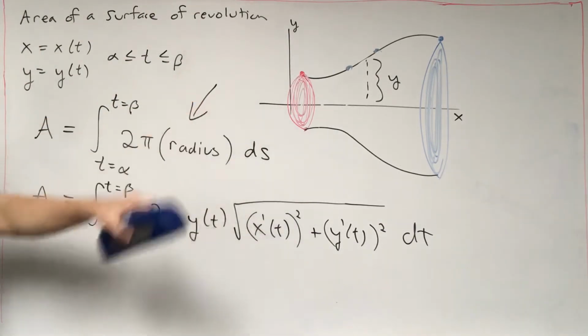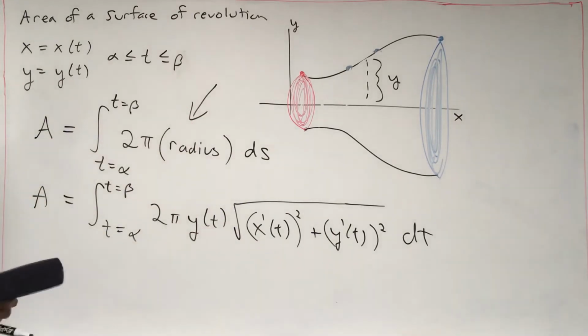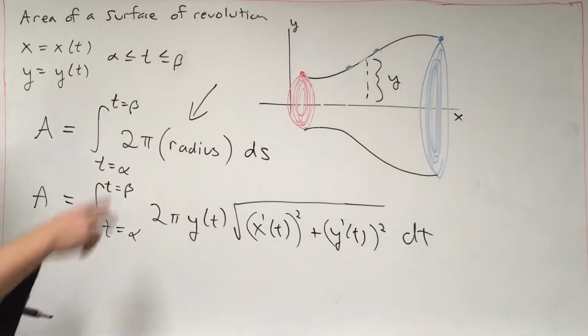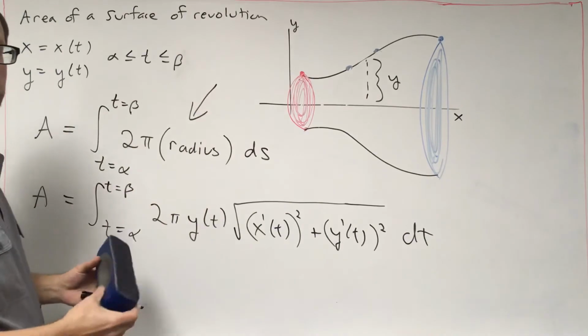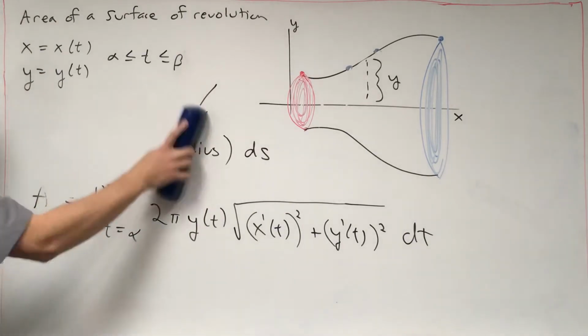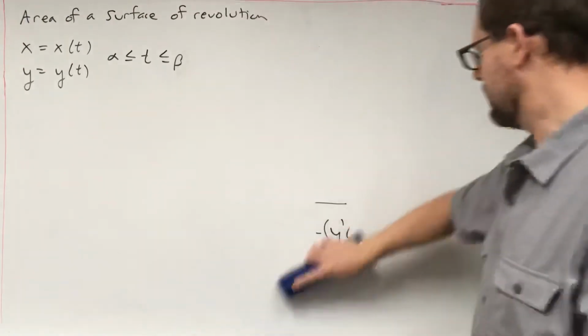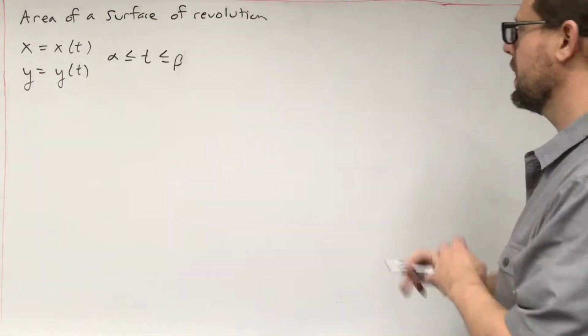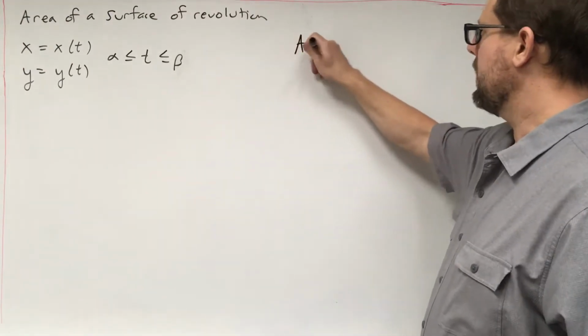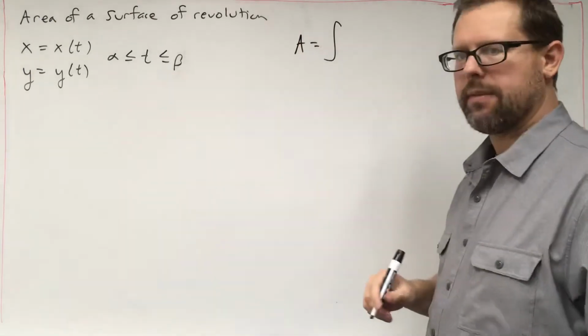I'm going to erase the picture and erase the formulas here, but I think I'll copy down this formula up top right for reference later. So we have the area, and then we have an integral.